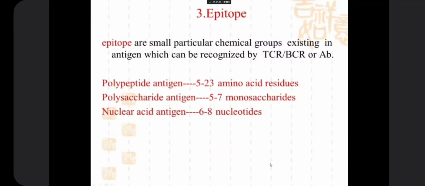Let's study a definition. Epitope. What is epitope? Epitope is small, particular chemical groups existing in antigen which can be recognized by TCR or BCR or antibody.